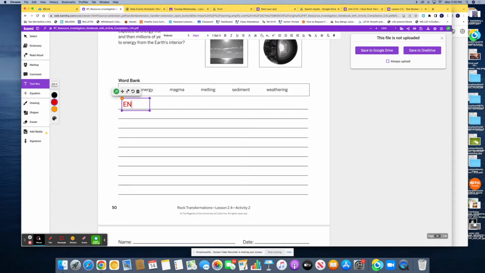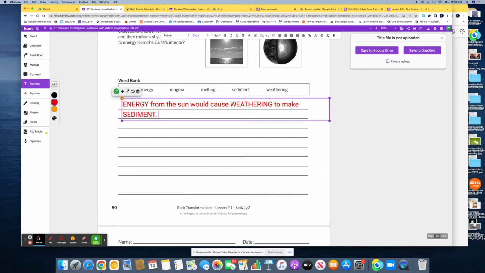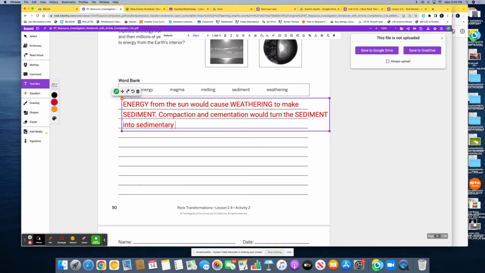We know that energy from the sun would cause weathering to make sediment. Compaction and cementation would turn a sediment into sedimentary rock.